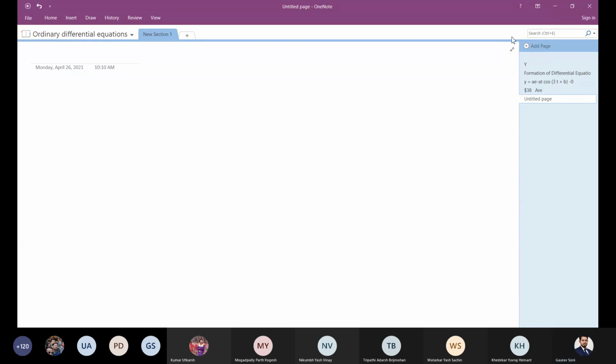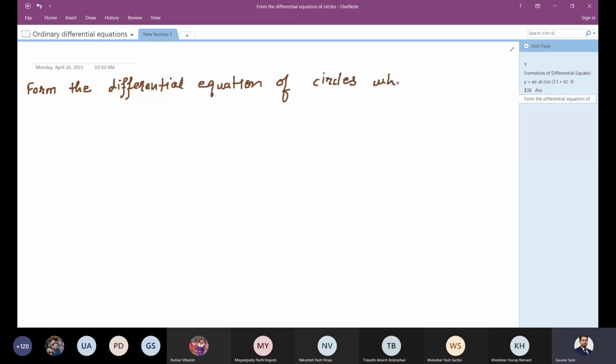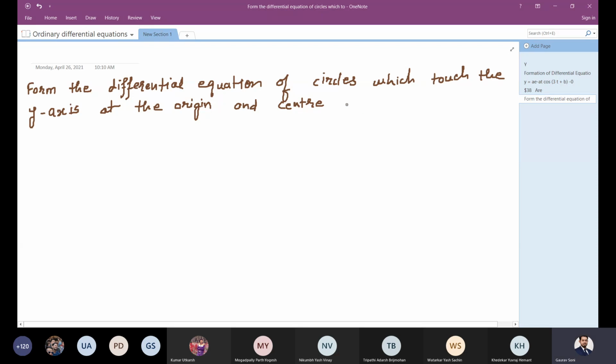The next question is: form the differential equation of circles which touch the y-axis at the origin, and the center lies on the x-axis.